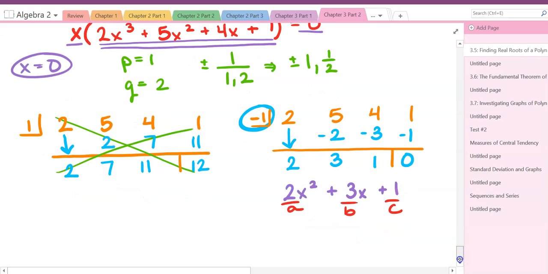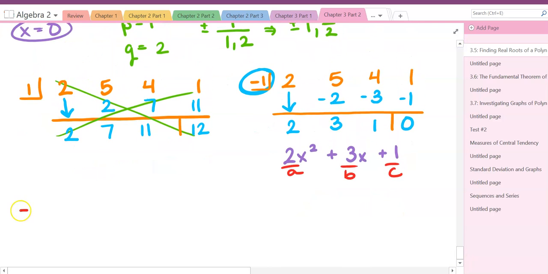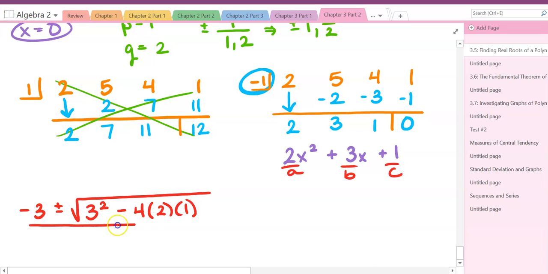Okay, so let's plug this into our formula. So opposite of B would be -3, plus or minus, underneath the square root, B squared is 3 squared, minus 4 times AC, so times 2 times 1, all over 2 times A, 2 times a 2.